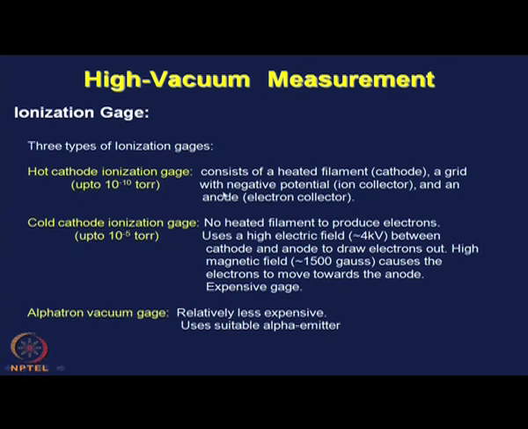It consists of a heated filament or cathode which emits electrons, a grid with negative potential which is ion collector, and an anode which is electron collector.